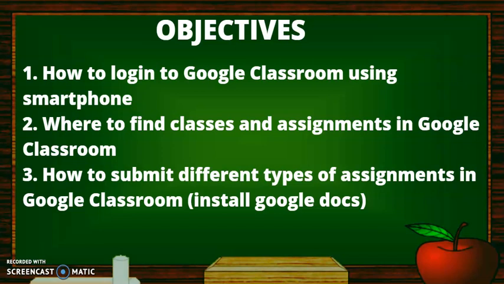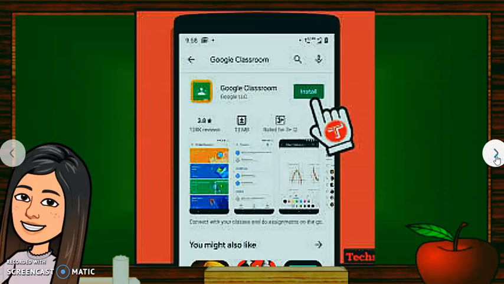So, since we are talking about smartphone and tablets, we have to install Google Classroom in our smartphone or in our Android phone. So just go to Play Store, search Google Classroom.